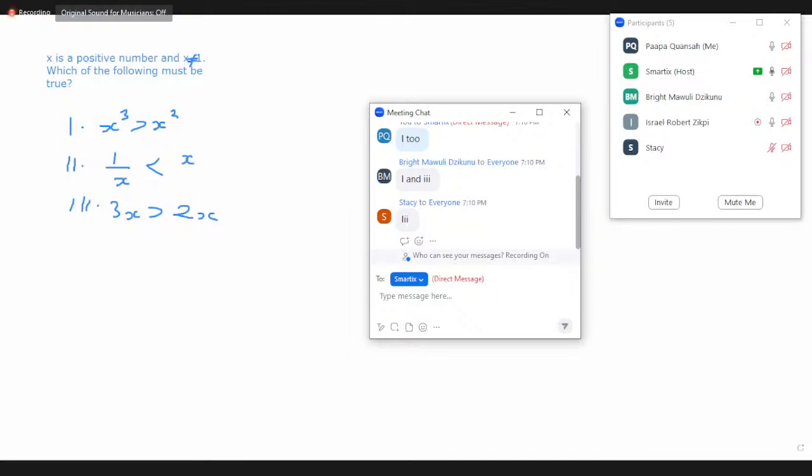Why is I correct and II is not correct? What's your reasoning? Quickly. Okay, you chose all three. Yes, I chose all three. I added the III after seeing the sign. Okay, all right. So now you missed exactly the point. Stacy, explain why III is the right answer quickly.